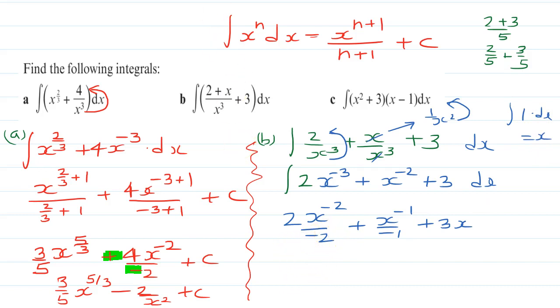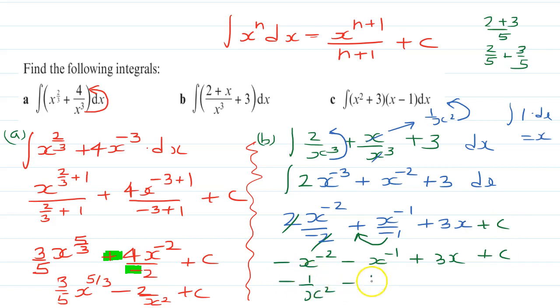So this 2 and 2 will be cancelled out, so you can write down here minus x to the power minus 2. This minus and plus becomes minus, so x to the power minus 1, and plus 3x. So the final answer is, and we can put one constant here, c. So it will be minus 1 upon x squared, minus 1 upon x, plus 3x, and plus c.